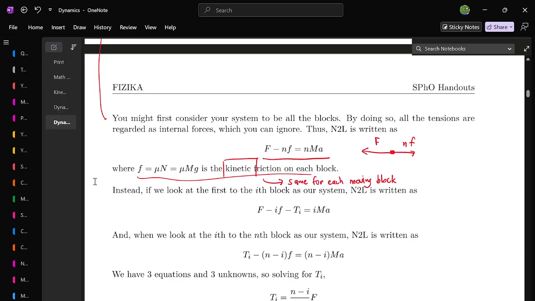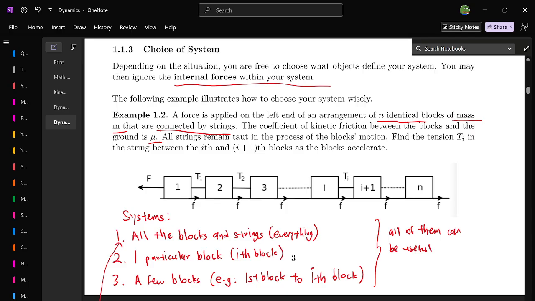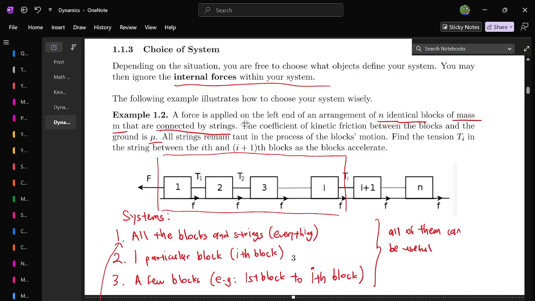Another person says, oh, I want to look at the first to ith block as my system. That's also perfectly valid. So now instead of drawing the rectangle like that, we draw the rectangle like that, and that is our system now. This rectangle still has the force F here.